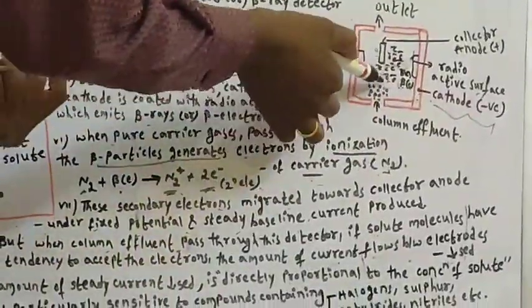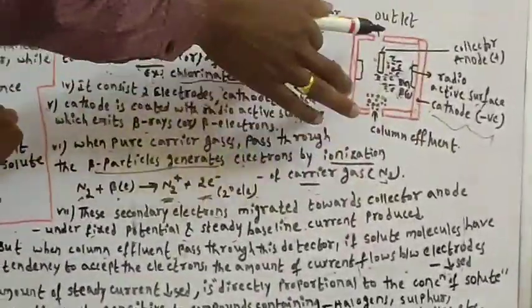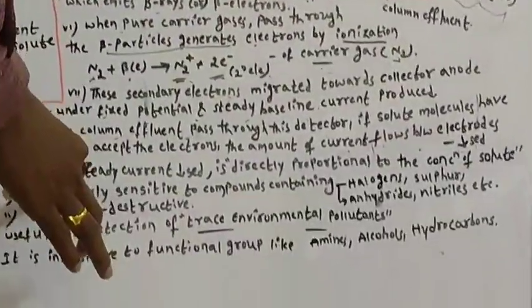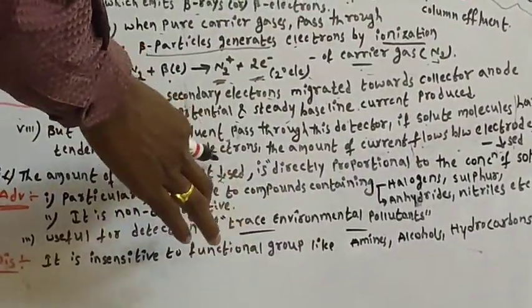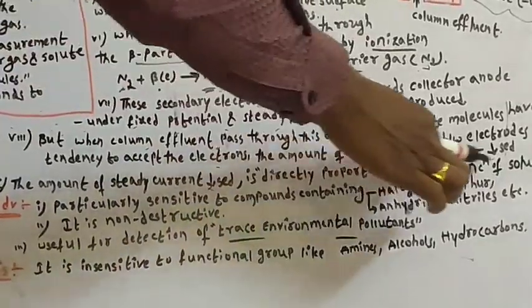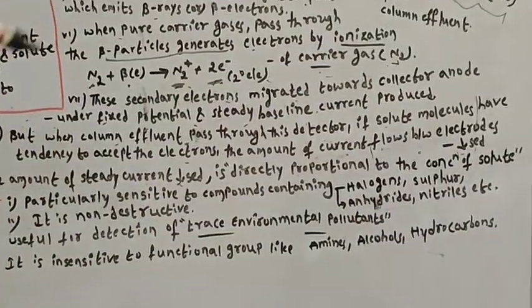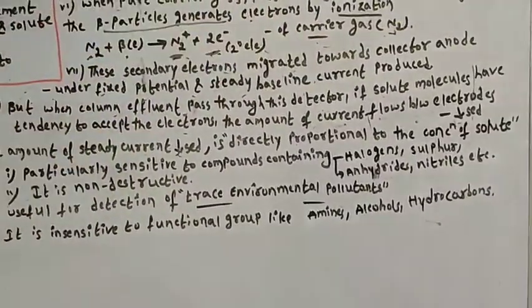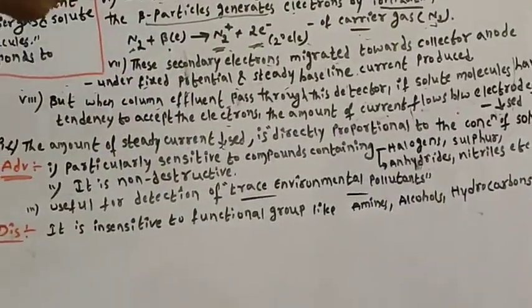After capturing, the steady current produced is decreased. That decrease in current is directly proportional to the concentration of the solute. By this way, we can detect the sample. That is the electron capture detector.